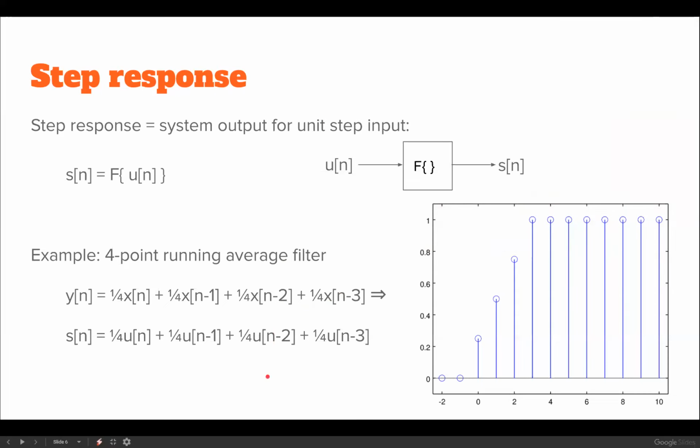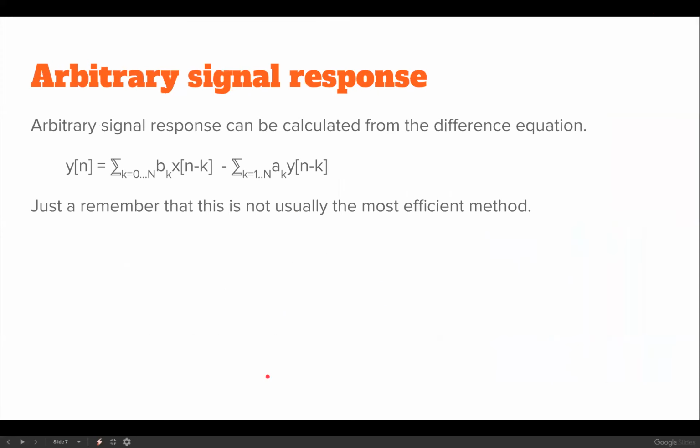One way of digitizing a system. Okay, and then arbitrary signal response, the same as last time. If you have any signal x of n, then you can calculate the output using the difference equation.